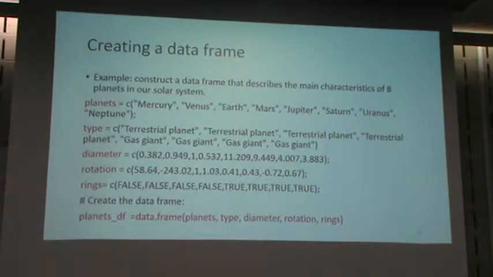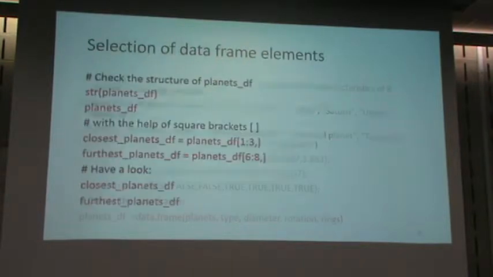At that time, you can create the data frame. It looks like an M by N matrix, but each column has a different data type. So the first column is the name of the planet, the next one is the type, the next one is the diameter, and so on. By combining these, you get a data frame, which is good for manipulating the data, right?